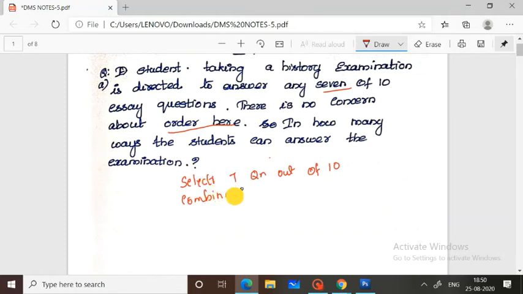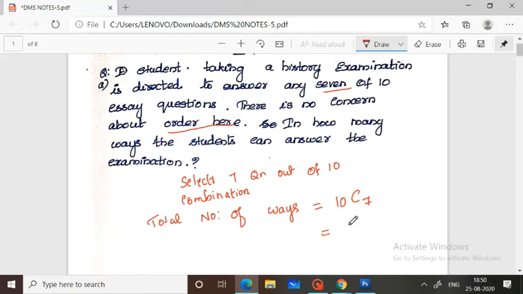So therefore the number of ways, how will you write this? Therefore the total number of ways the student can answer the examination is equal to, out of the 10 we have to select 7, so 10C7.